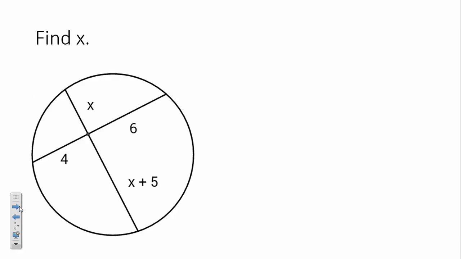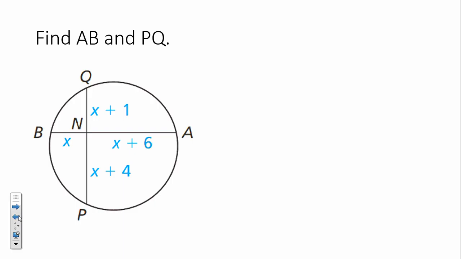So here's our first example. And we are told that NQ is x plus 1 and NP is x plus 4. And then BN is x and the distance between N and A is x plus 6.